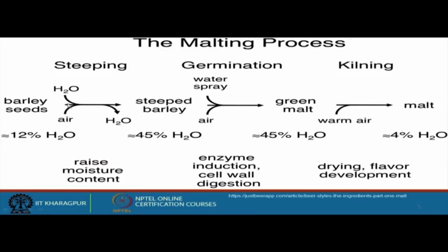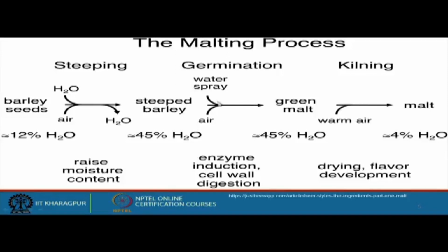Now it can be explained like this: in the steeping process, your barley grains are in the presence of water. Initially the water content of the barley grains is 12%. When you soak the barley grains in water, it increases to about 45%. Then we keep these barley grains under aerobic and humidified conditions so that germination takes place.